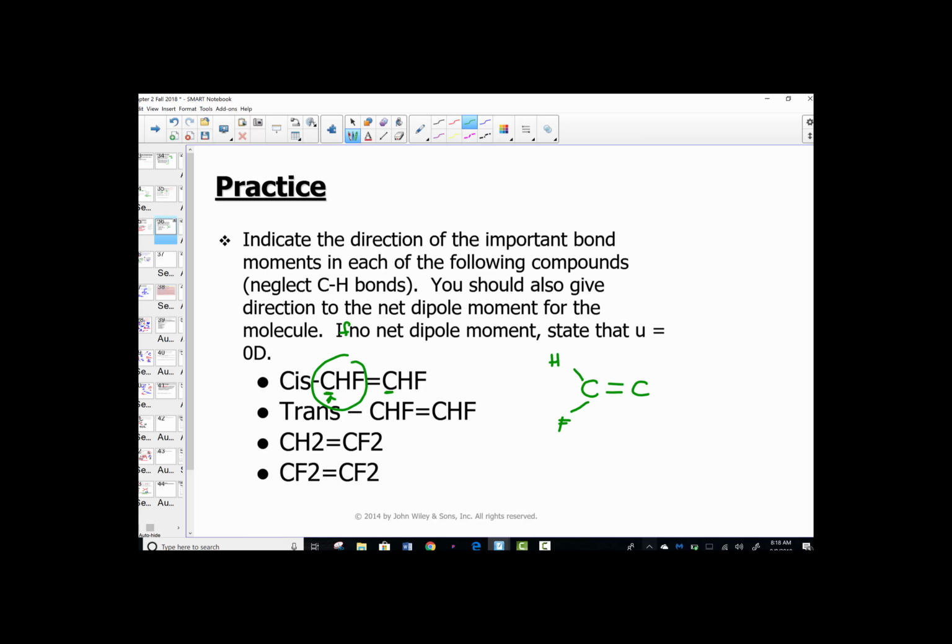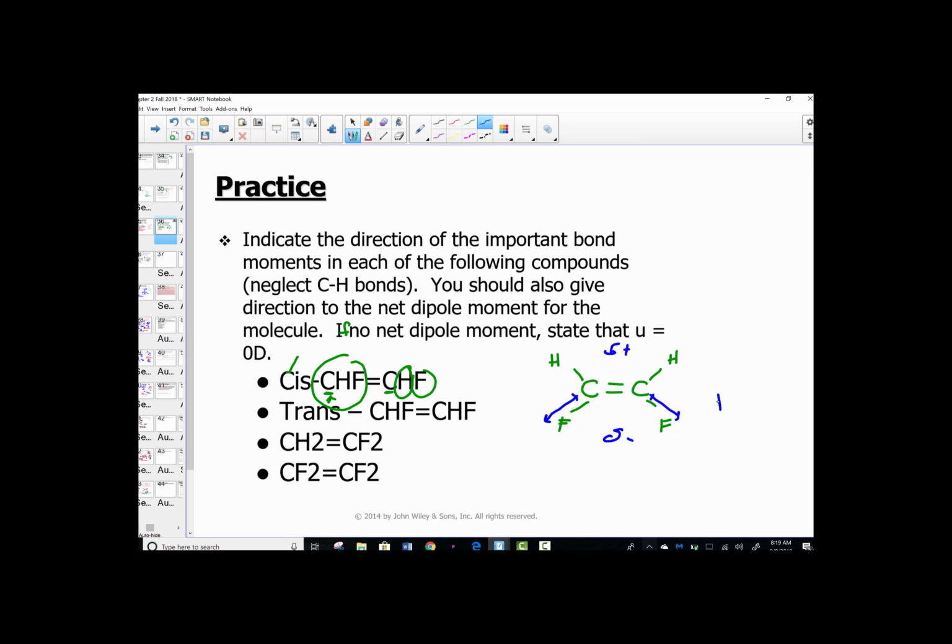And it says cis. Cis means same direction. So I'll place the second carbon with its hydrogen and its fluorine on it as well. That is the cis configuration. We've determined that that's highly polar because the distribution is going in one direction only, making this an electron-rich and this area an electron-poor distribution.